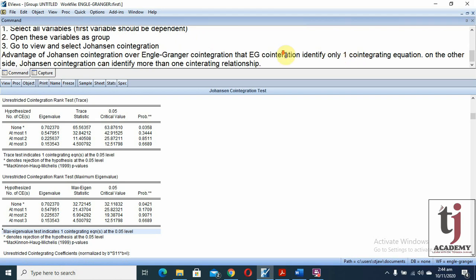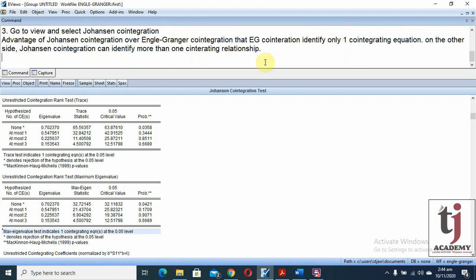If trace and eigenvalue show different results, in that case trace is more appropriate.